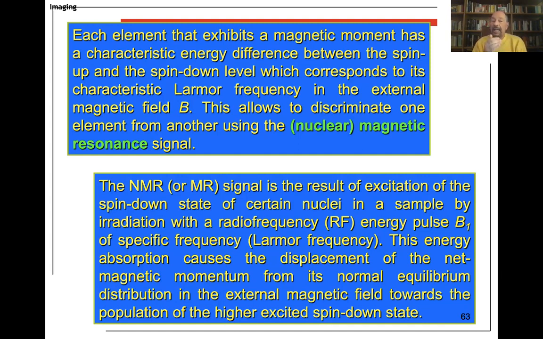So you give a radio frequency energy pulse of specific frequency. This energy absorption causes the displacement of the net magnetic moment from its normal equilibrium distribution in the external magnetic field towards the population of the higher excited spin down state.